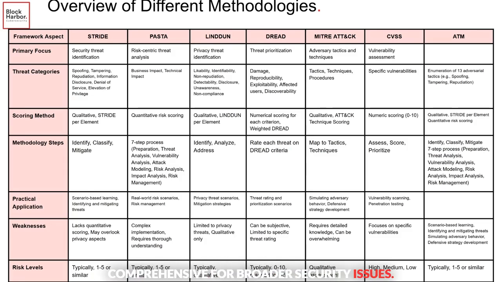Next, we have DREAD, which is used for threat prioritization based on a weighted scoring system. DREAD evaluates threats based on damage potential, reproducibility, exploitability, affected users, and discoverability.